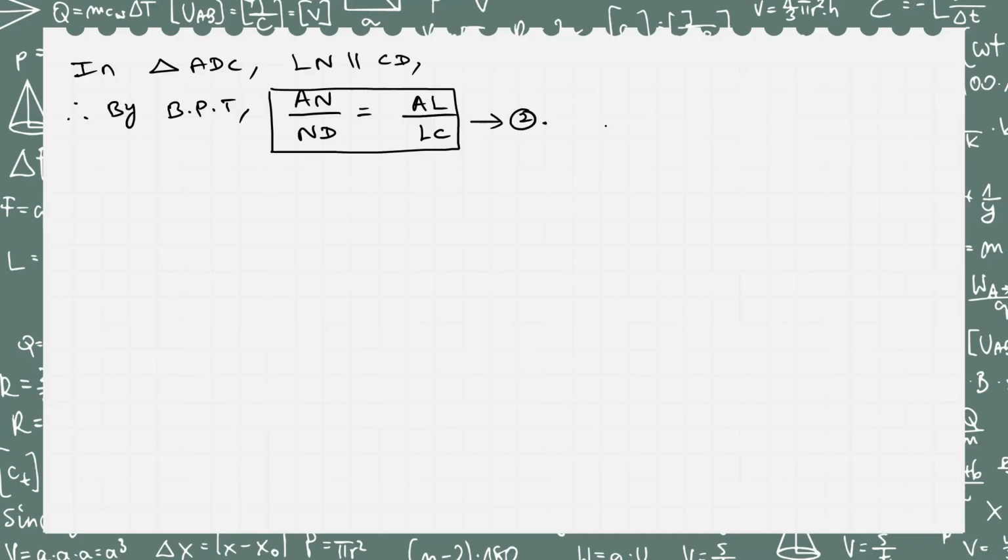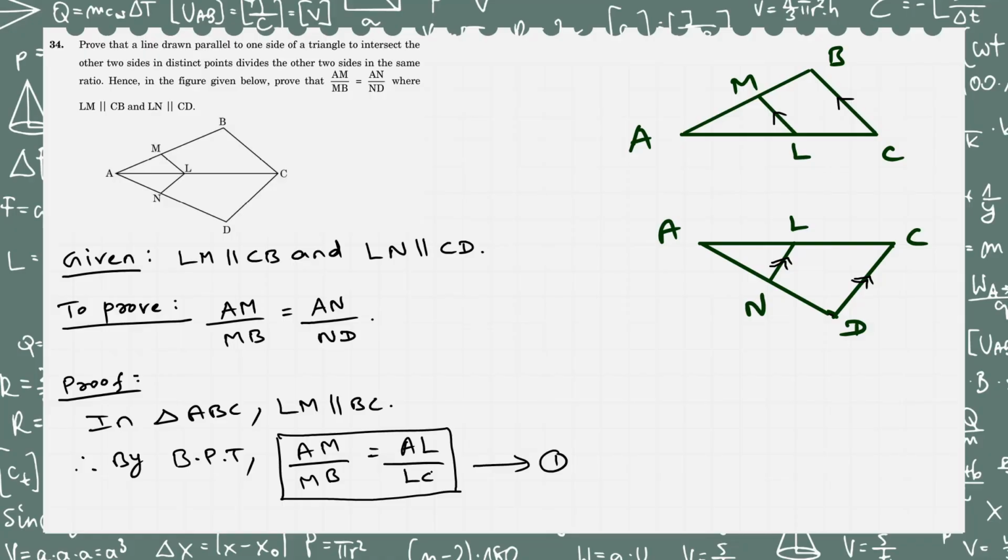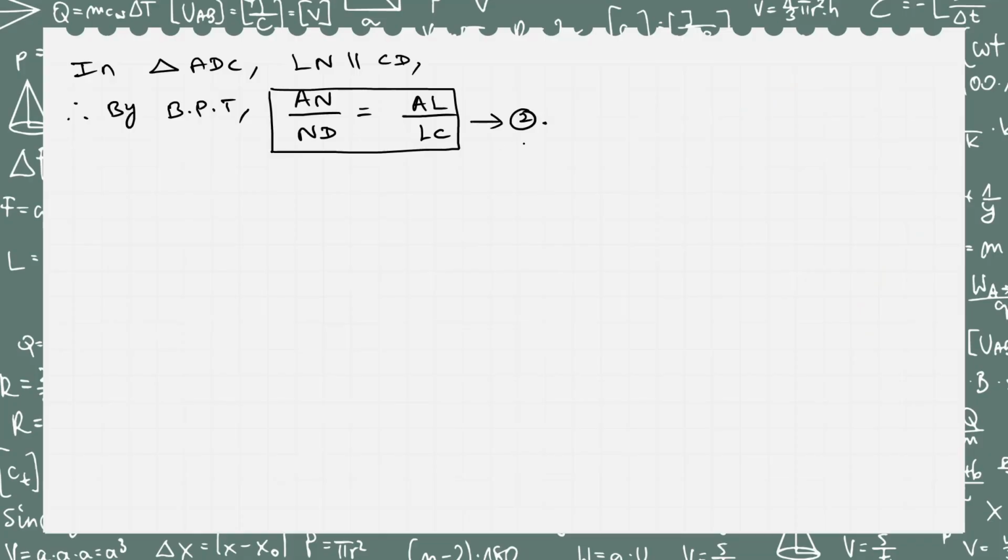Now look at our first and second equations and let's see if there is any similarity between them. See, the RHS of equation 1 is AL by LC, and for equation 2 also we have the same RHS. So from 1 and 2 we can say both the RHS are equal.